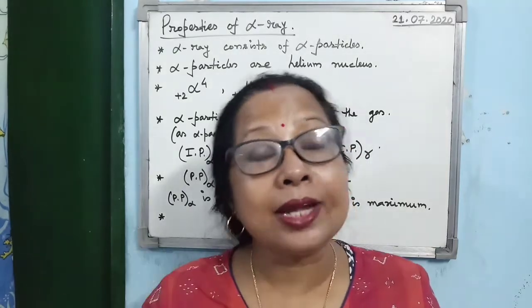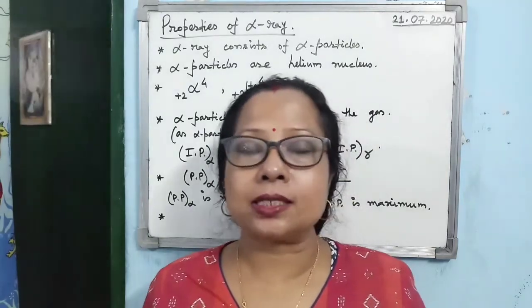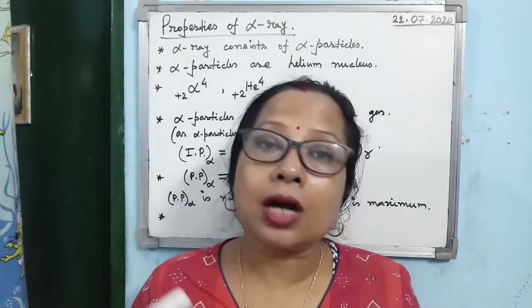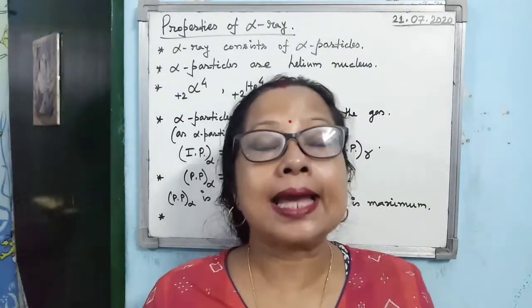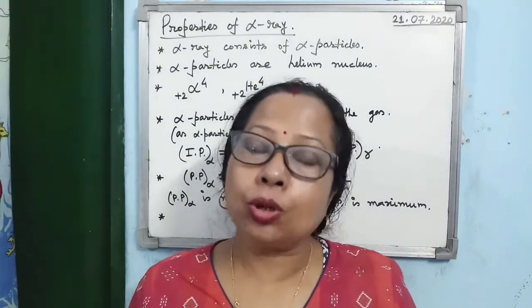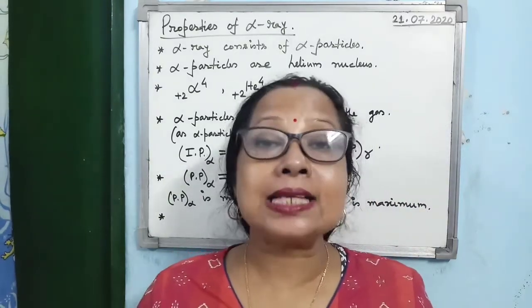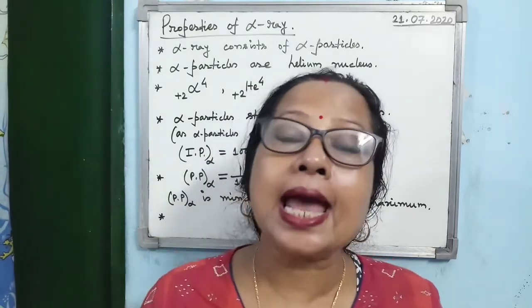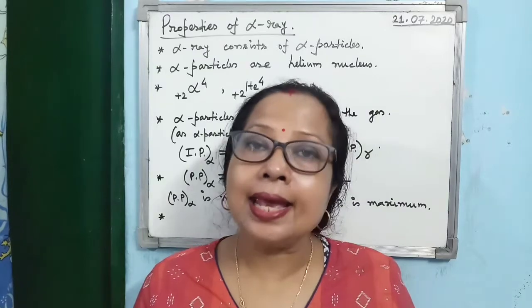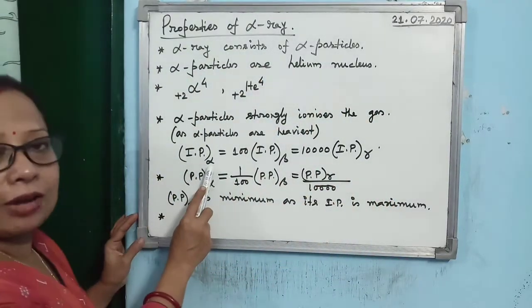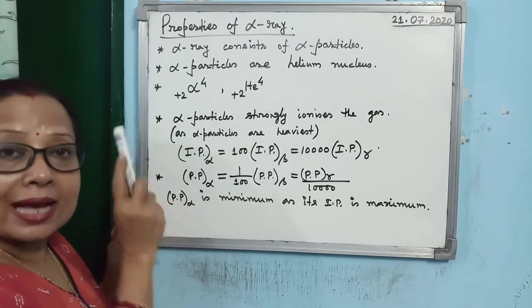It collides with the gas molecules, and when it collides with the gas molecule, it knocks out electrons from the gas molecules and thereby converts it into an ion. So, alpha particles, as they are heavy particles, can strongly ionize the gas. Alright, and that's why the ionization power of alpha particle is maximum.